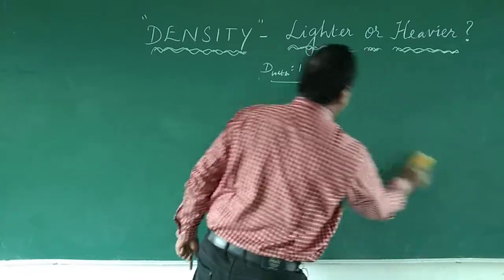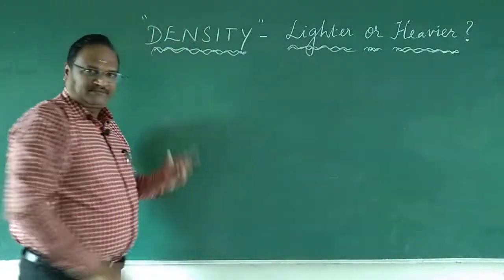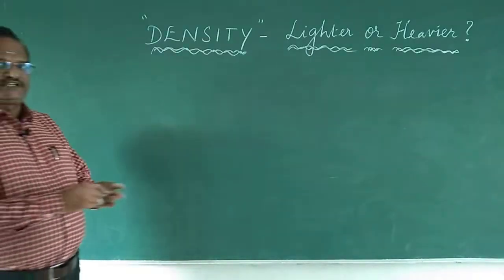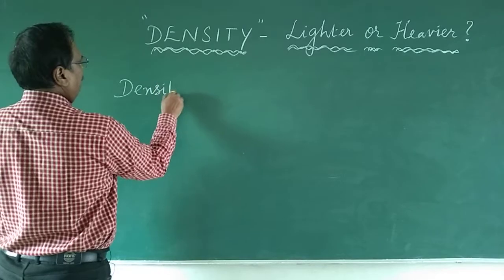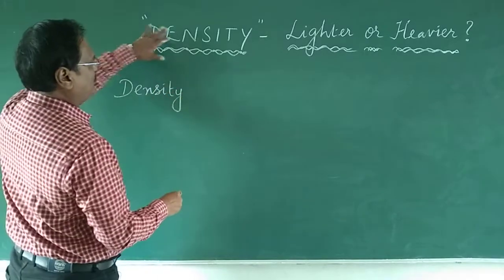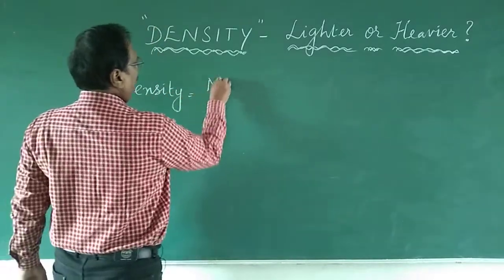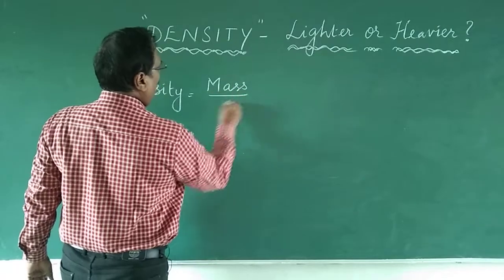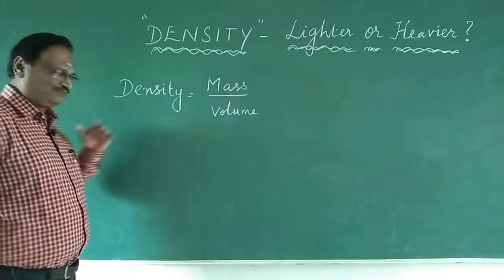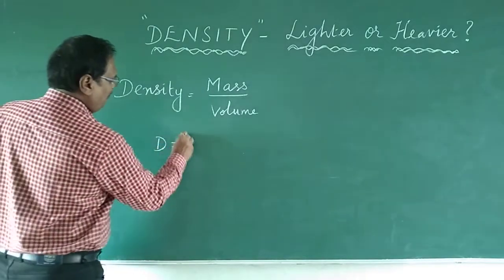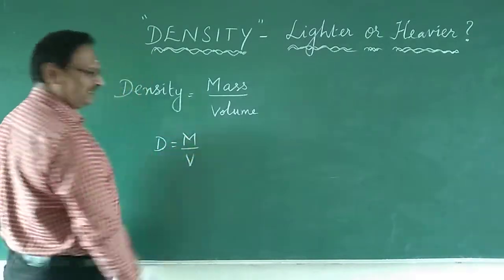Now, again I am writing this because our whole topic discussion is density. Density is equal to mass upon volume. D is equal to M upon V.